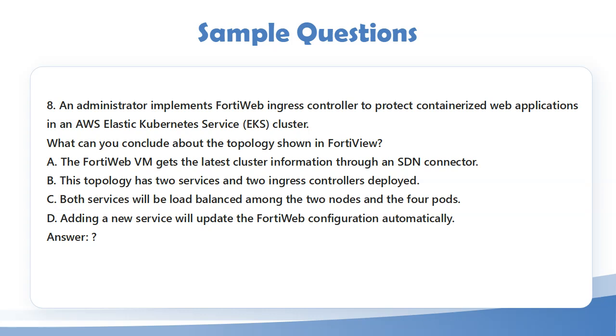B. This topology has 2 services and 2 ingress controllers deployed. C. Both services will be load balanced among the 2 nodes and the 4 pods. D. Adding a new service will update the FortiWeb configuration automatically.